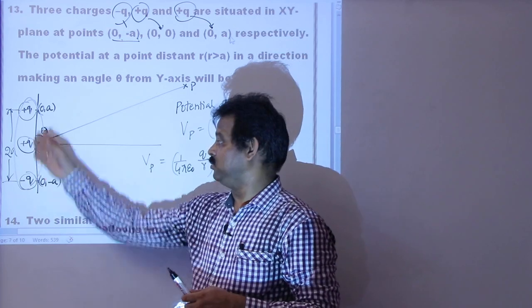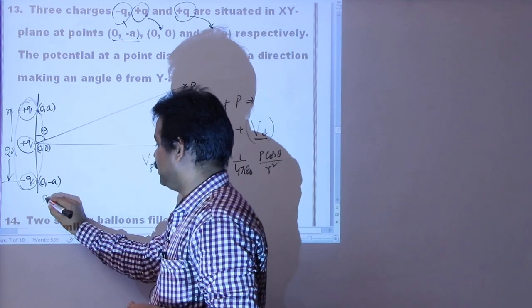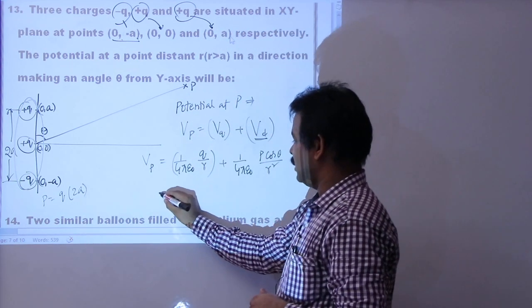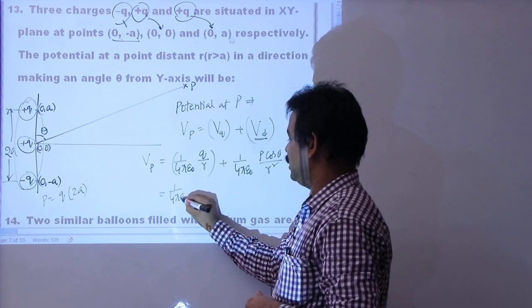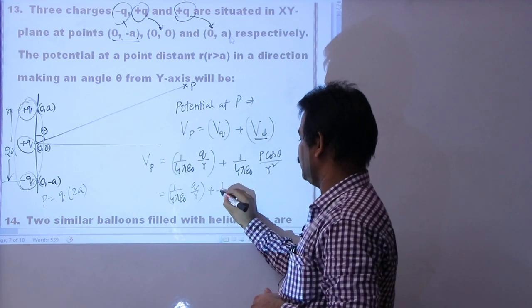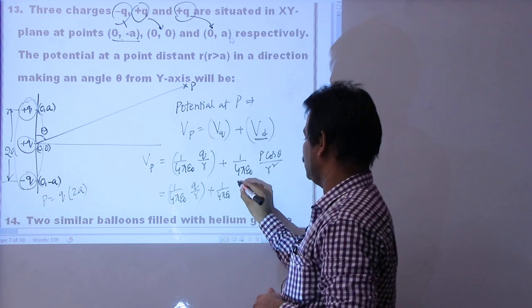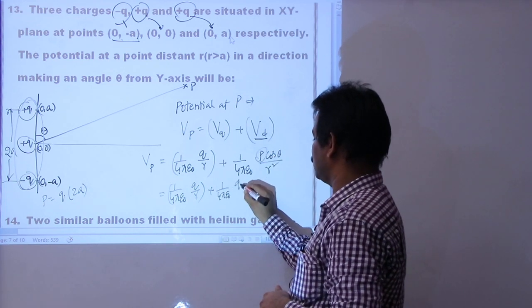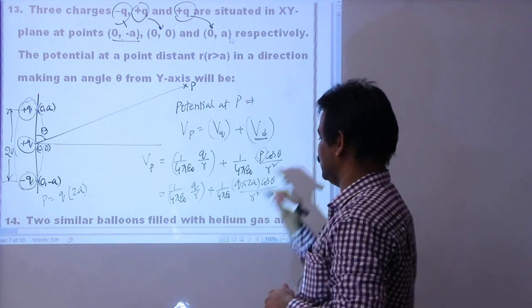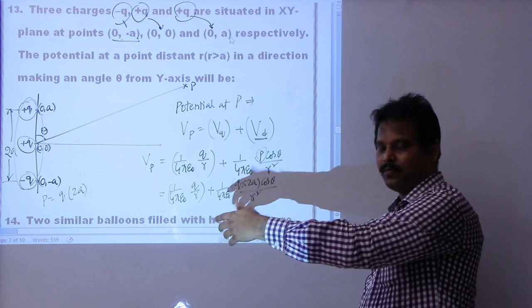But what is the p value? p is the dipole moment of this dipole, which is given by p equal to charge q into 2a. So now you can write this as 1 by 4 pi epsilon naught q by r plus 1 by 4 pi epsilon naught, p can be written as q into 2a cos theta by r square.